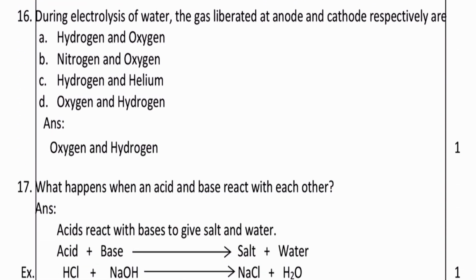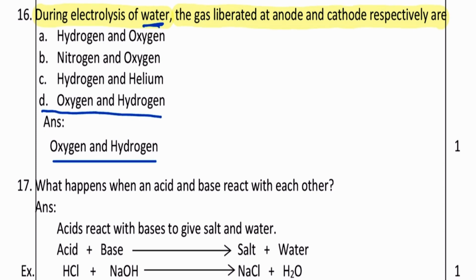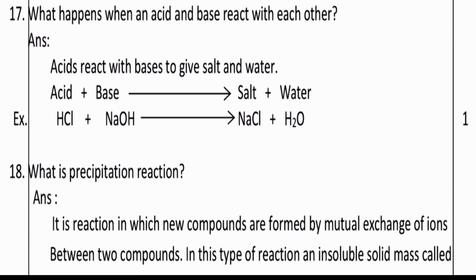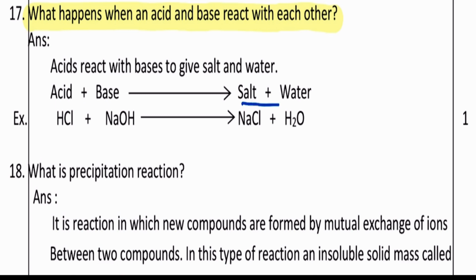Next question. During electrolysis of water, the gases liberated at anode and cathode respectively are oxygen and hydrogen, because we are talking about water. Option D. Next question, 17th. What happens when an acid and base react with each other? When acid and base react with each other, they produce salt and water.